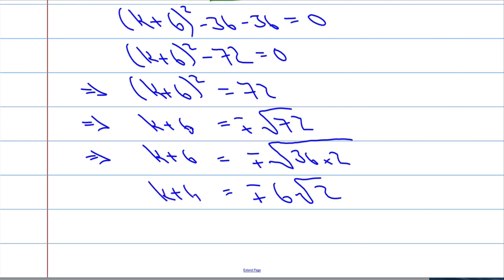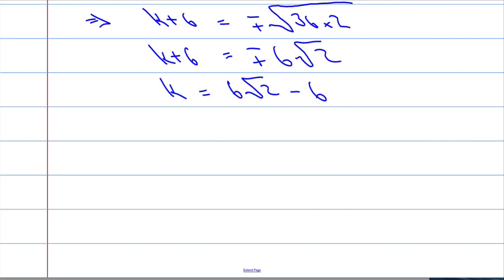So k plus 6 equals plus or minus 6 root 2, which means that k equals 6 root 2 subtract 6, or negative 6 subtract 6 root 2. Okay, lots going on there.